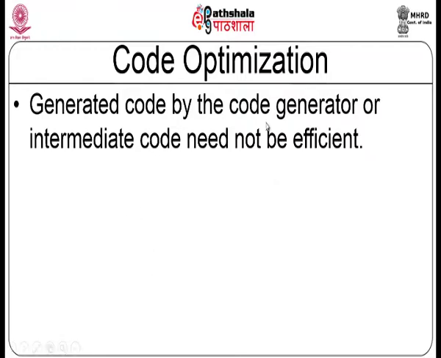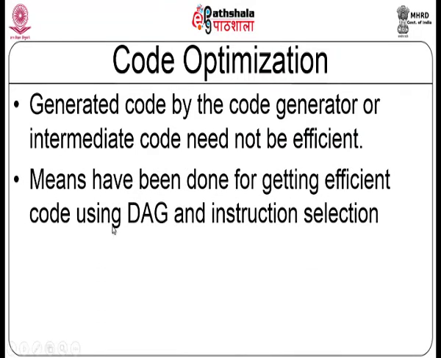The code generated by the code generator or the intermediate code need not be efficient, and means have been devised for getting efficient code using DAG and instruction selection. So we have reordered the instructions, we have labeled the nodes with registers. All those have been done with the idea in mind that you need to reduce the computation cost and to get an optimized code which is going to be generated.